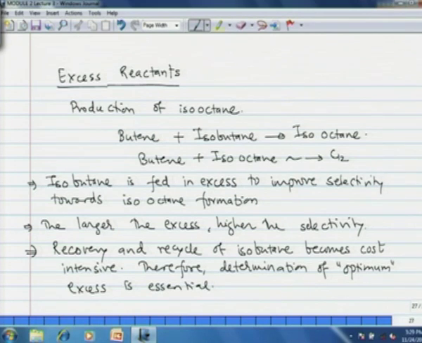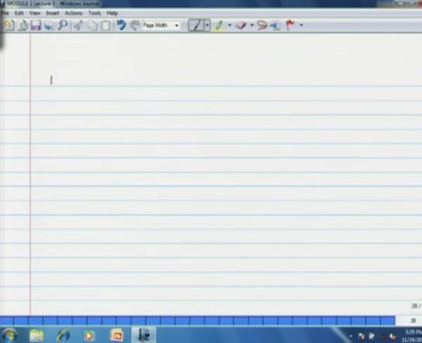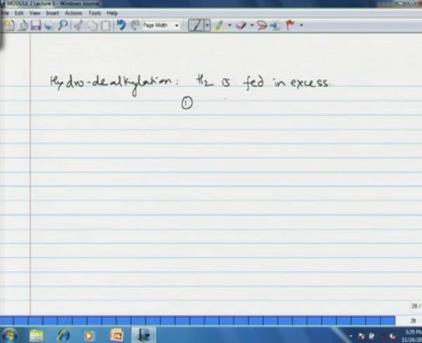Now, take example of HDA, hydrodealkylation. In this case, hydrogen is fed in excess. Now, hydrogen has several roles, like it forces higher conversion of toluene.